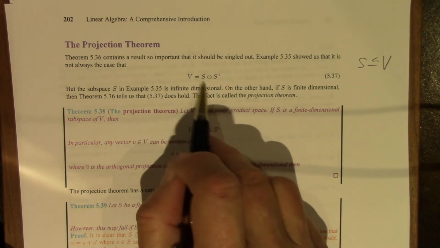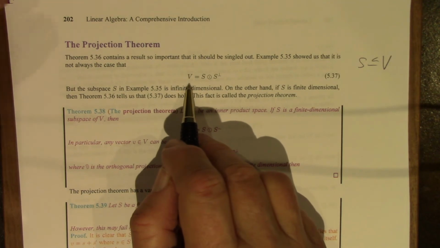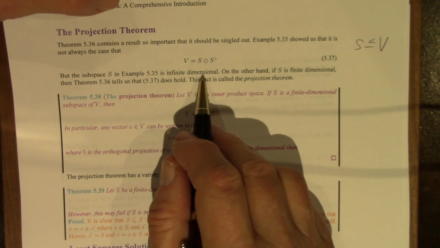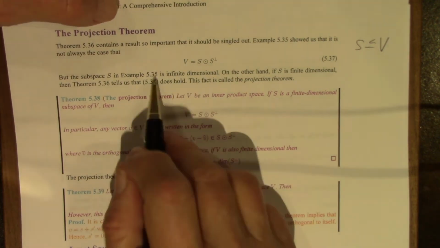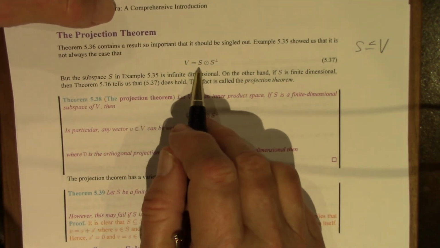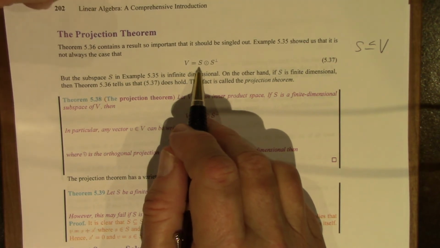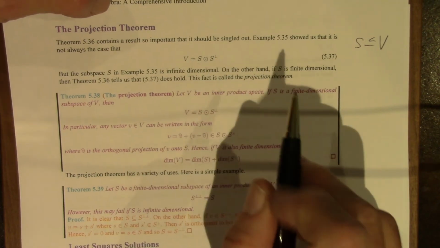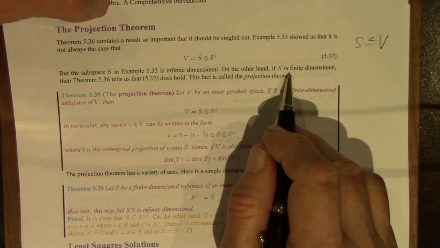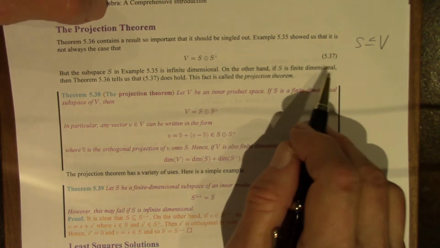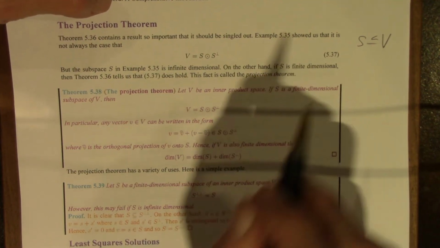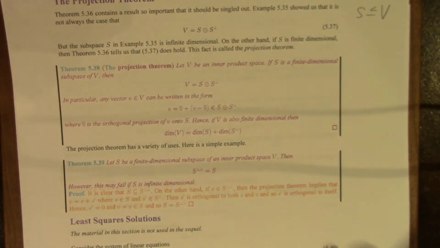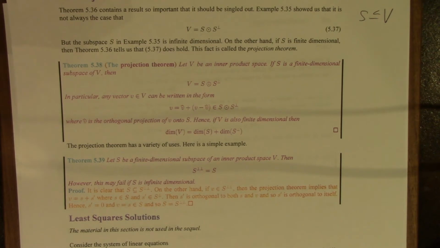The orthogonal direct sum exists, but it may not equal V. By the way, in that example, the subspace S was infinite dimensional: the subspace of all square summable sequences with finite support. But what we have just shown in this previous theorem is that if S is finite dimensional, then this does hold. And this is called the projection theorem.